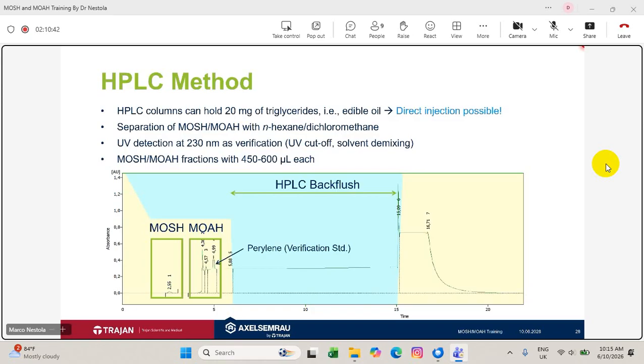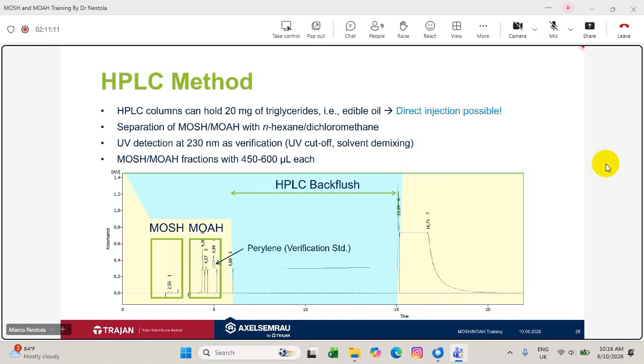Typically when you are quantifying with a UV detector, you need to set a wavelength higher than the UV cutoff. Otherwise, you are getting crazy baselines because they are also showing the gradient of the solvent, which is typically not needed when you are doing quantitation. But here, since we are using it only for diagnostic purposes, we are below the UV cutoff.